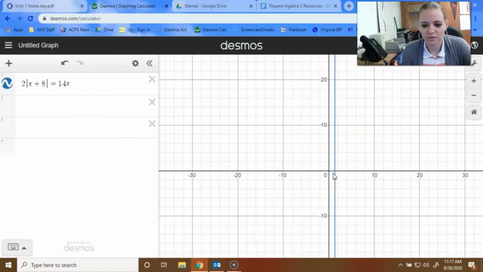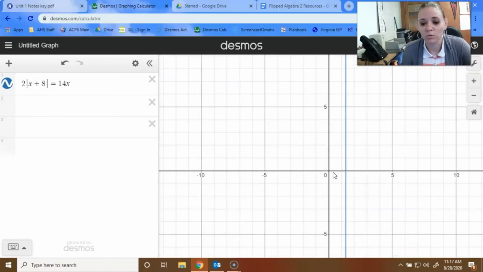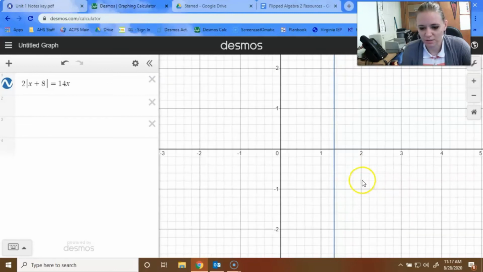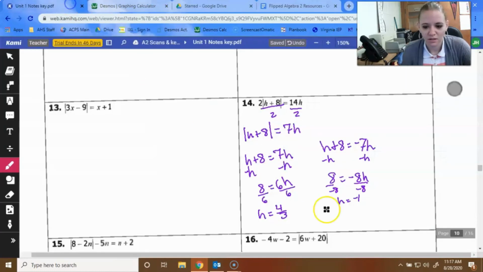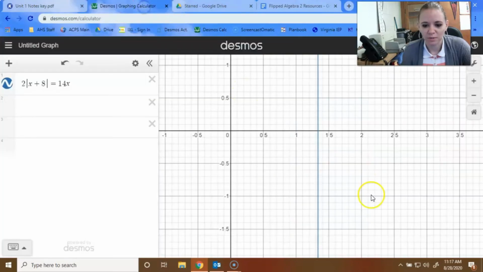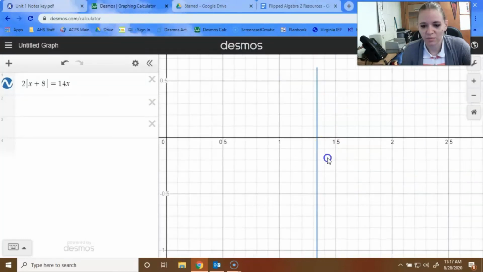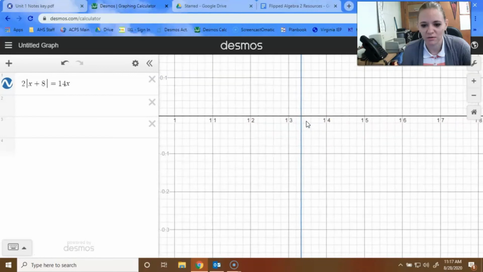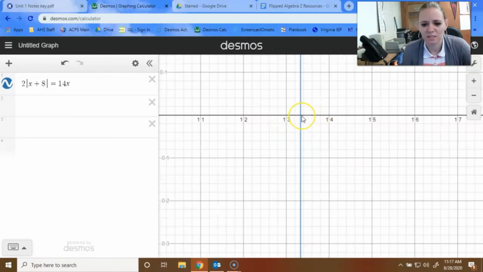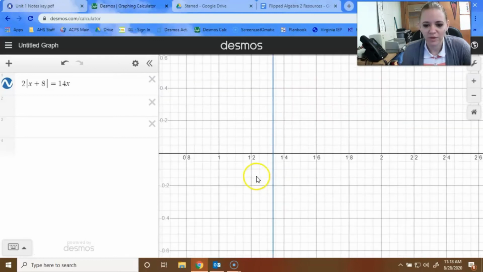Even though we got two answers, it's showing only one line, and clearly it's showing the answer that is between 1 and 1.5, and that is this answer right here. This is really 1.3 repeating. So keep that in mind when you get repeating decimals like that. See how it keeps showing up in the middle of decimals? It's like, oh, well, it's getting close to 1.3. That's got to be 1.3 repeating. Okay, so there's that one answer.